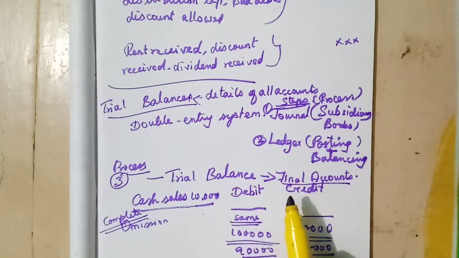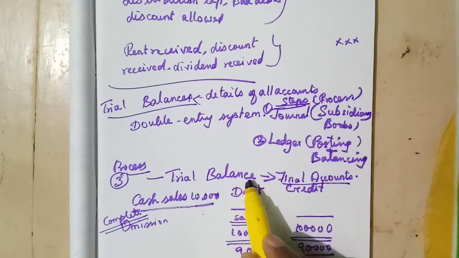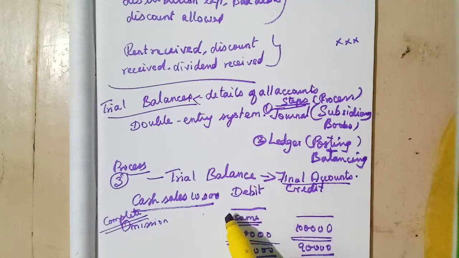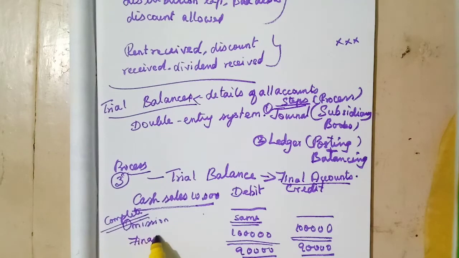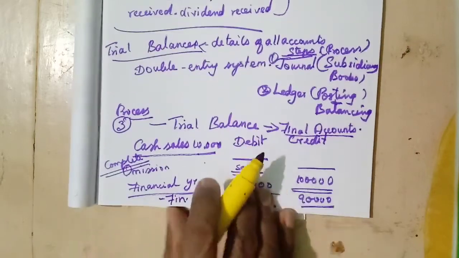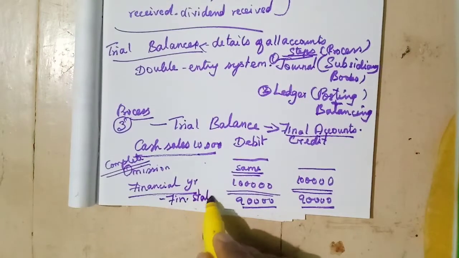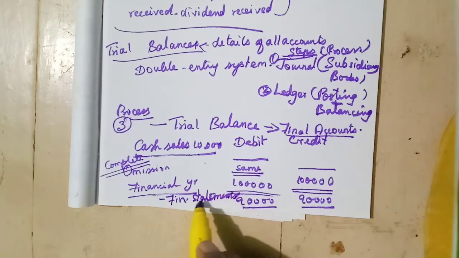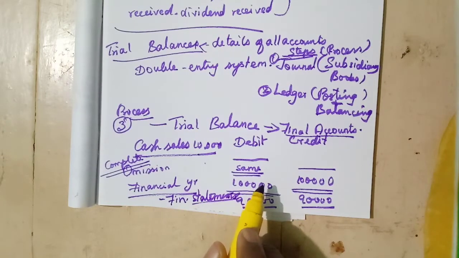The trial balance is usually balanced every month and we write the opening balances, and at the end of the financial year or accounting year, we will prepare the trial balance, and then from the trial balance we will prepare the financial statements. Financial statements are the trading and profit and loss account and the balance sheet.